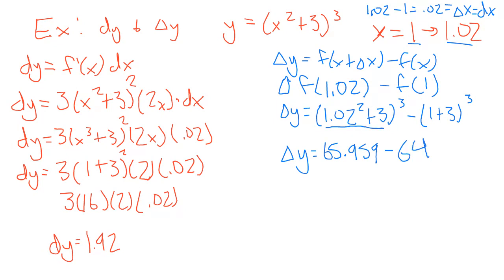So delta y is going to be 1.959. We can see that these are very, very close. So this is actually a pretty good approximation of what we're trying to look for. Now that we've shown that, let's try another example before we move on to min and max.